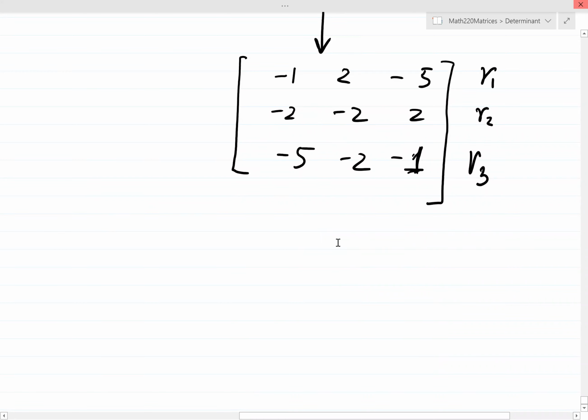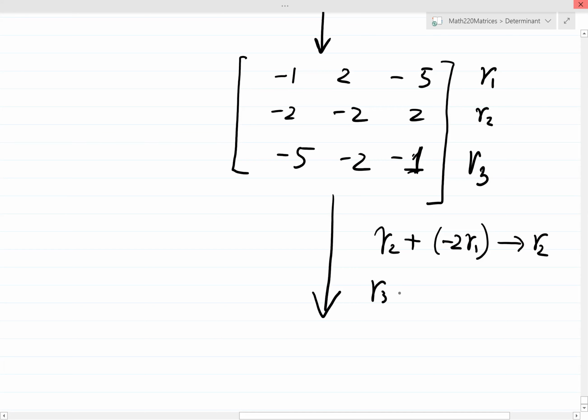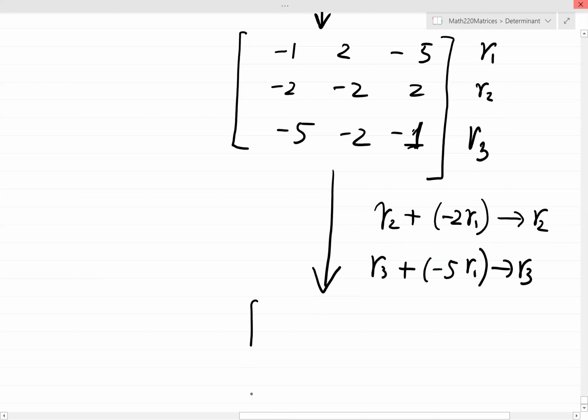Let's replace row 2 by adding negative 2 multiple of row 1, and replace row 3 by adding negative 5 multiple of row 1. So row 1 stays fixed: negative 1, 2, negative 5. Row 2 is minus 2 multiple of row 1.